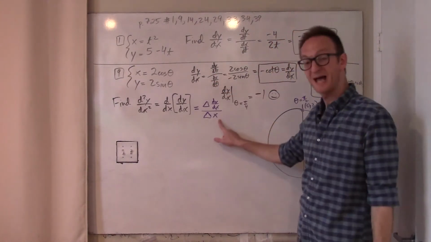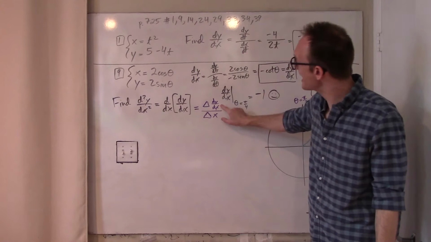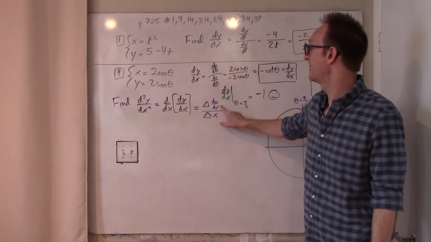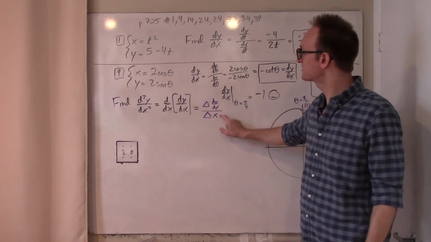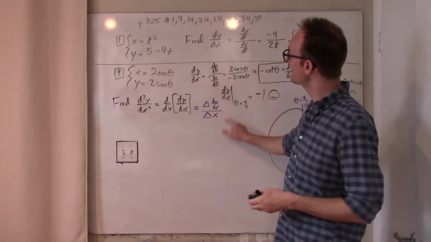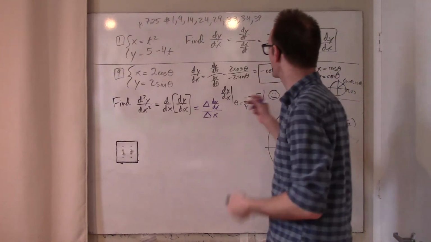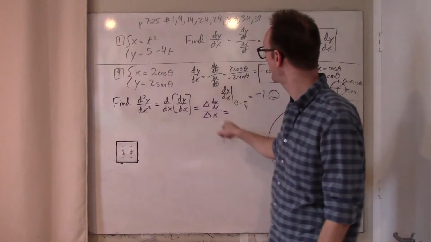Well, here we are in the exact same position. dy dx depends on theta, and x depends on theta. So since these two things both depend on theta, we have to do the same thing that we did before.